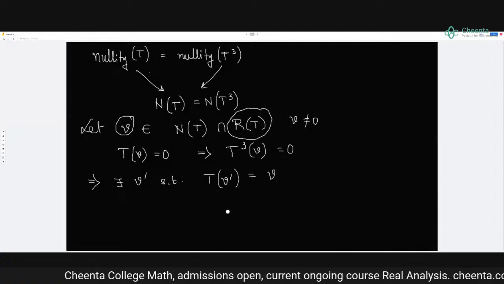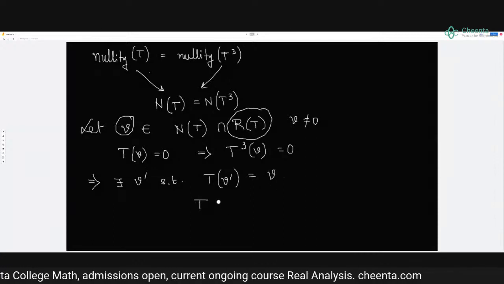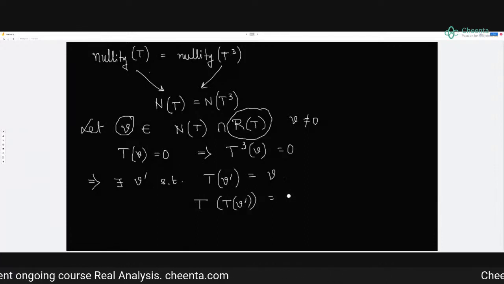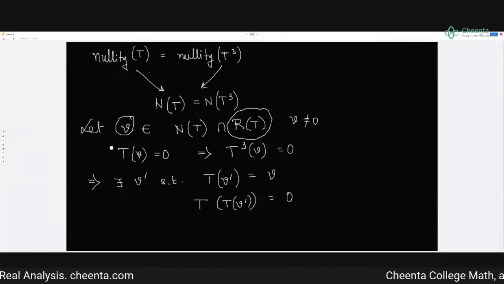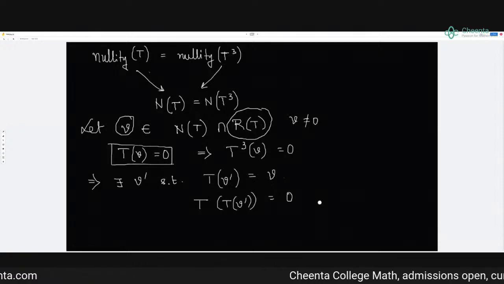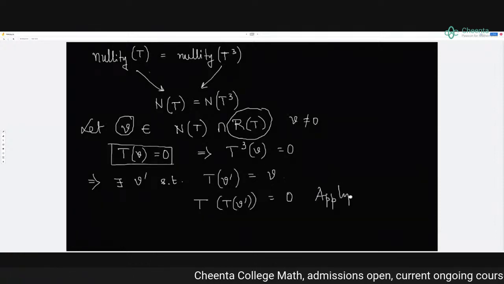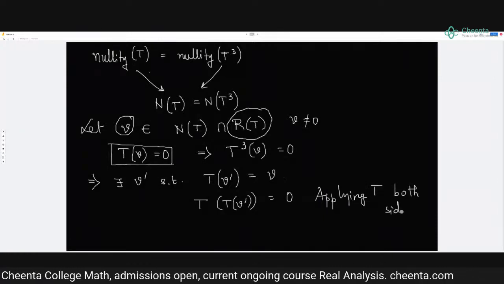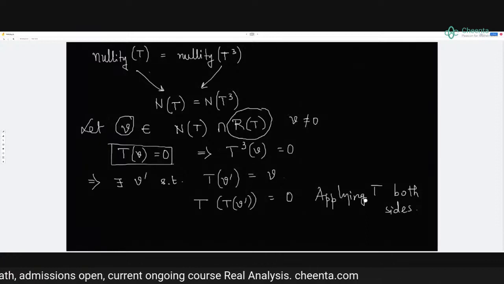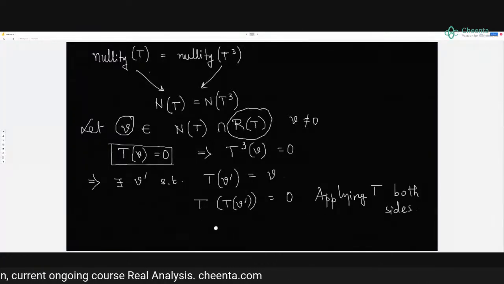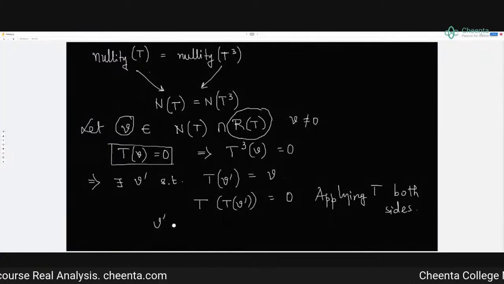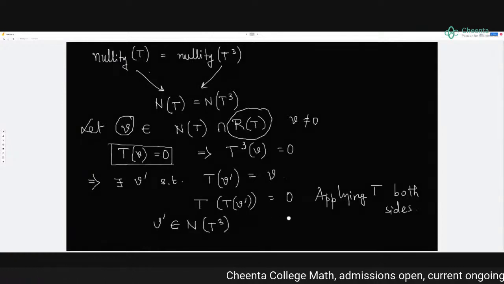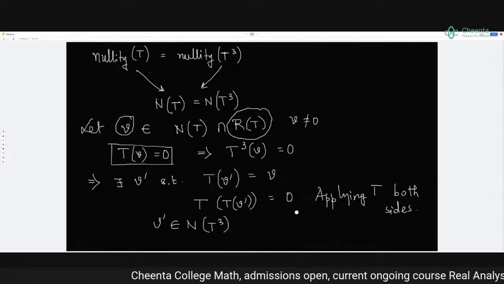Now just apply T again. T of T of v prime equals 0 because I have T of v equals 0. So this is applying T on both sides. From here, v prime belongs to the null space of T cubed, because if T squared of v prime is 0, then T cubed of v prime is also 0.